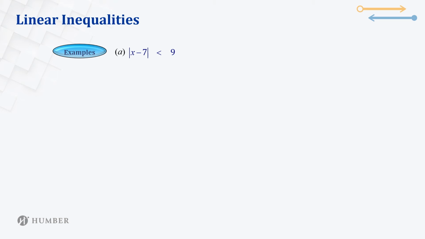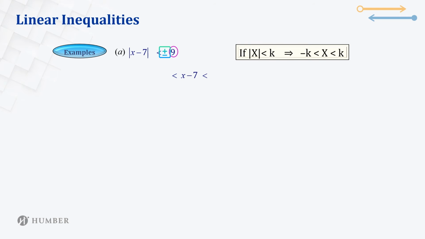The absolute value of x minus 7 should be less than 9. The absolute value refers to the distance from 0, so the distance should be 9 units to the left or 9 units to the right. Therefore, the inside expression of the absolute value symbol must be between negative 9 and positive 9.